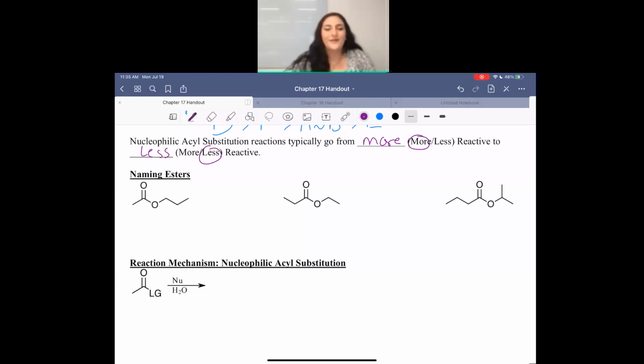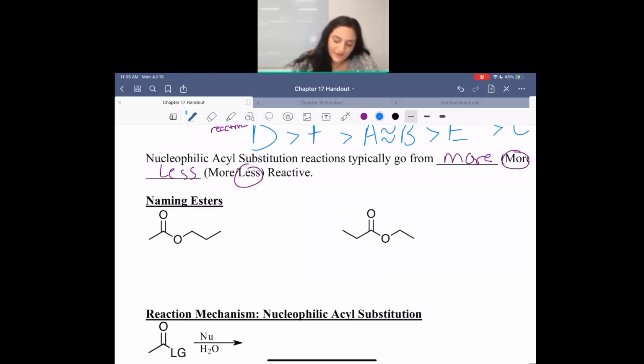So the way we name esters tends to confuse people, but I promise it's not that bad once you get a hang of it. So first things first, let's define the suffix. And so the suffix for esters is -oate. Just know that.